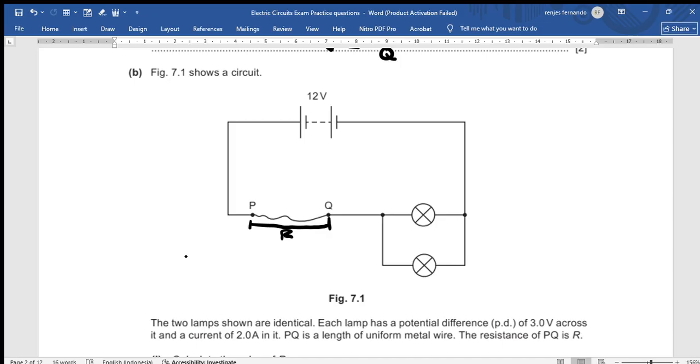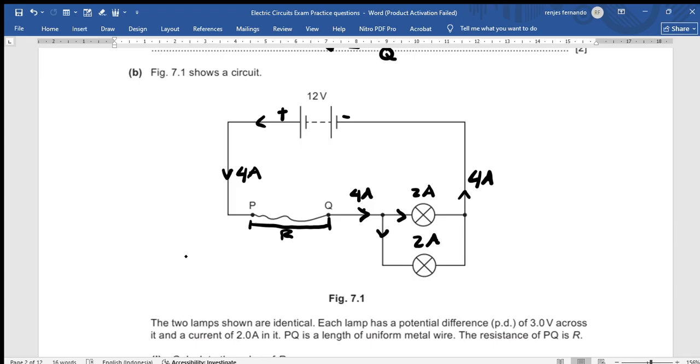So 2 amps here, 2 amps here. There will be a current flowing from positive to negative, so this one is 4 ampere. Here is also 4 ampere, because this is series, but this one splits and goes there and there.